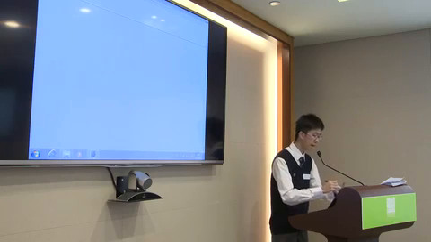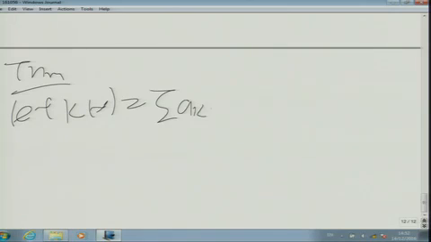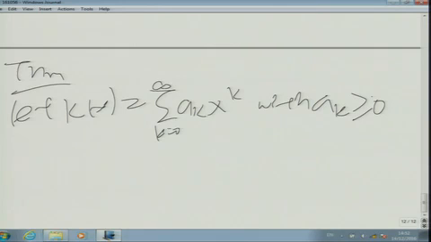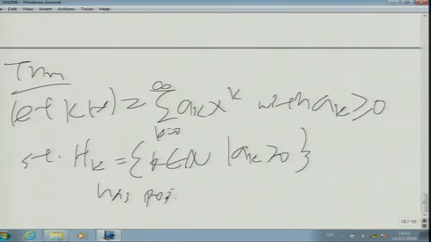And more precisely, the theorem is that we let K(x) be the summation of a_k x to the power k, k equal to 0 to infinity, which is the Taylor expansion, with a_k greater than or equal to 0, such that the set of k, where k is a positive integer and a_k greater than 0, has a positive upper density.